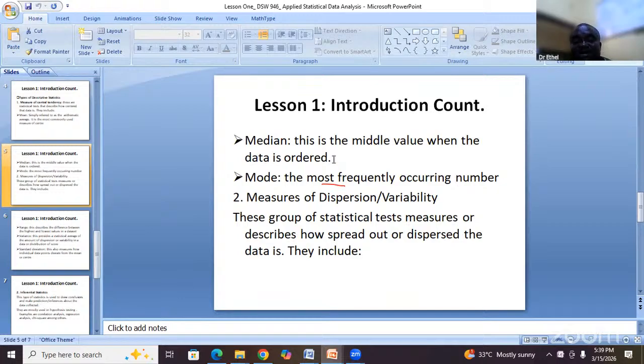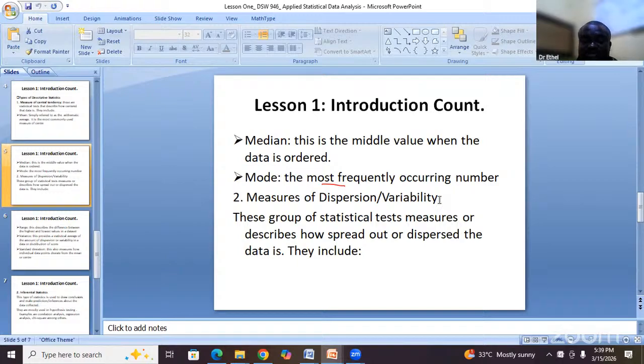When data is arranged in that manner, the median is the one at the middle. The next one is the mode. The mode is the number that occurs most frequently in any given data. And the second group of descriptive statistics is what we call the measures of dispersion or variability.